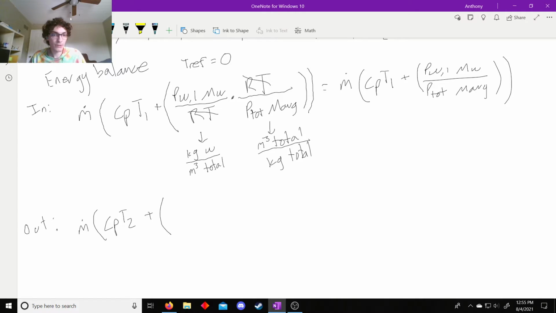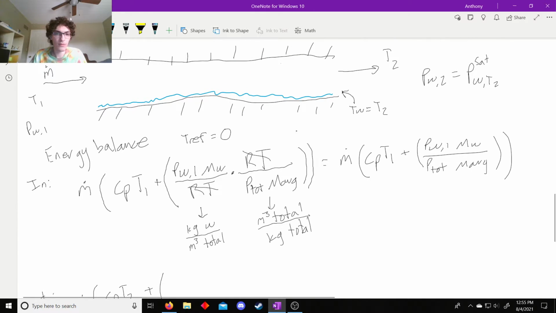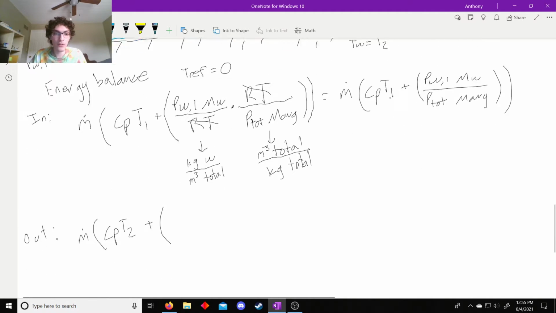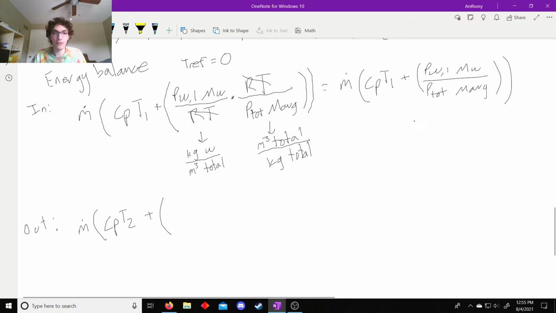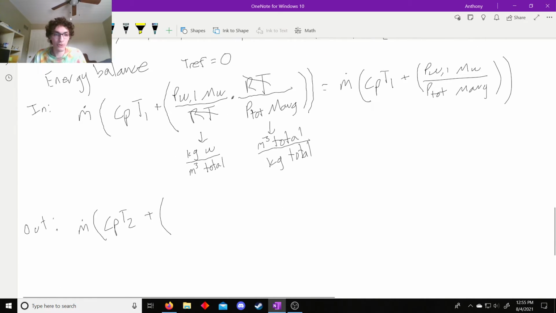And we're going to have this enthalpy change due to evaporation again, but instead of the partial pressure of water at 1, we're going to use the partial pressure of water at 2. And if you remember, we said that that's equal to the saturation pressure of water at T2. So I'm going to go ahead and write that.